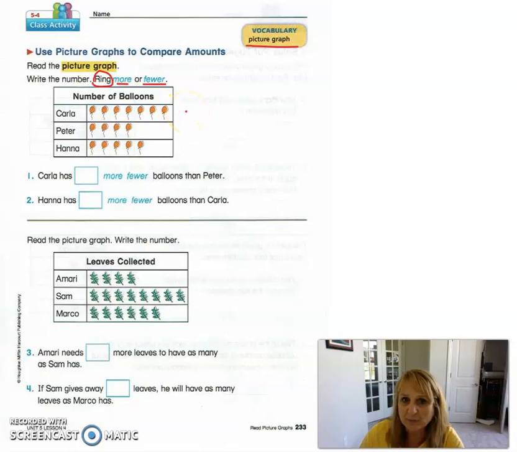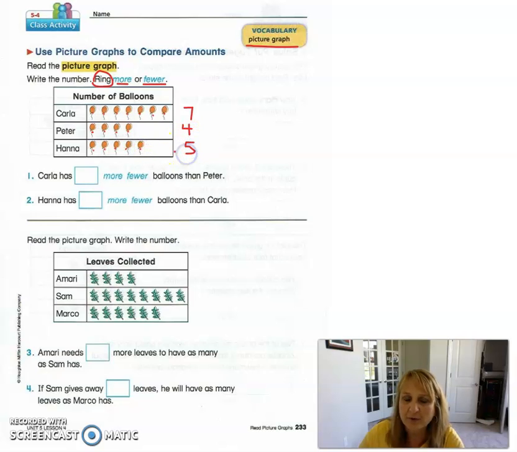So will you get a pencil ready and let's count how many balloons Carla has. 1, 2, 3, 4, 5, 6, 7. Carla has 7 balloons. Peter has 1, 2, 3, 4. And Hannah has 1, 2, 3, 4, 5.